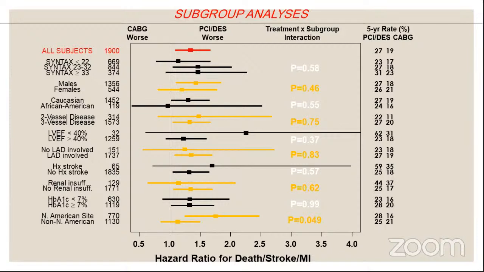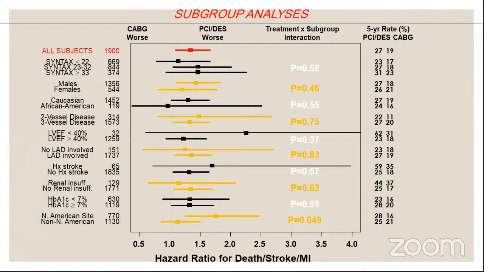Basically, most of the factors looked at independently show no difference, but collectively, if you look at the whole study and all the data, yes, PCI is worse. But if you look at it critically, one by one, only a few are significant. Yeah, like the hemoglobin A1C level?